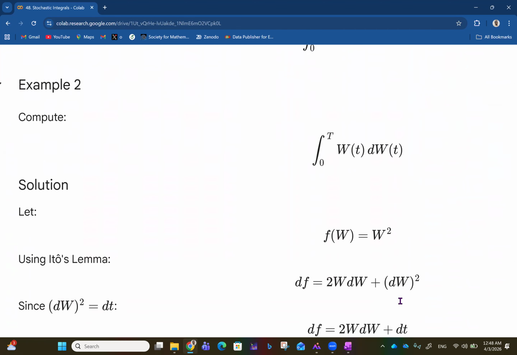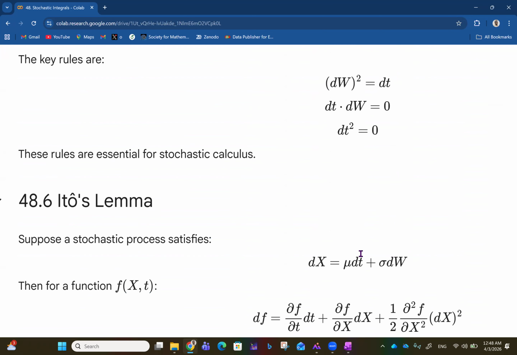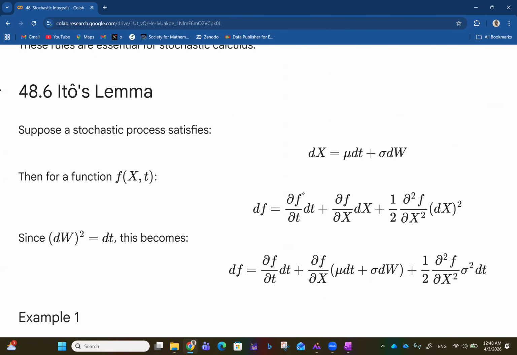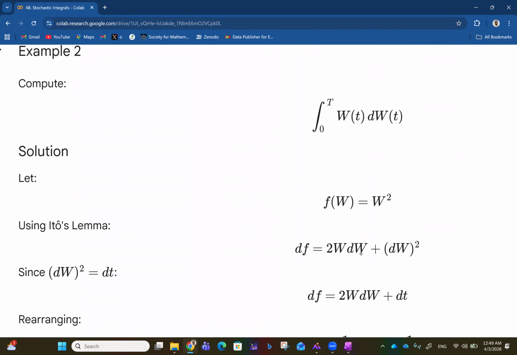So for example 2 then, we want to compute the integral from 0 to t of W_t dW_t. In this case, if we let f of w be w squared, then using Ito's lemma, we discover from the expression that there's no t in it, so it's easy to just go with f of w equal to w squared.